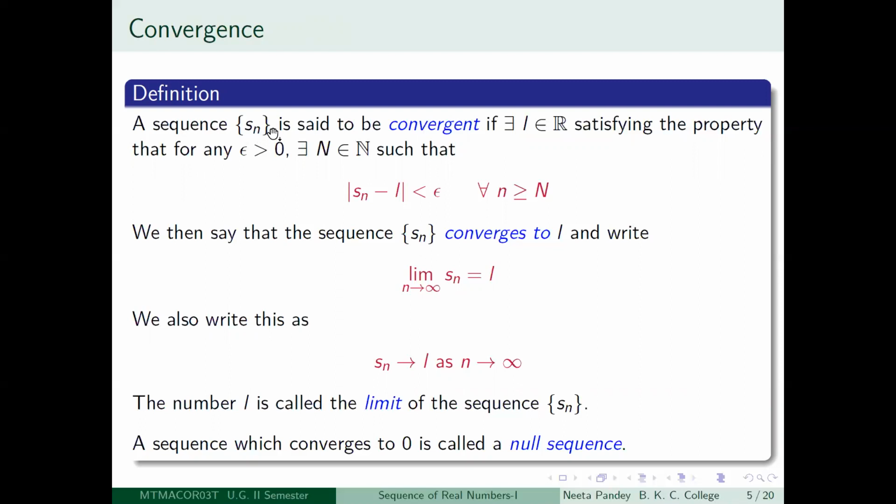I could have used a subscript n, but it looks slightly ugly, so I prefer to write it like this. So we say that it is convergent if I can find a number L in R so that any open neighborhood of L would contain infinitely many terms of the sequence after a certain stage.